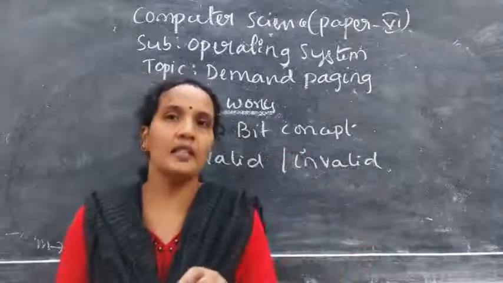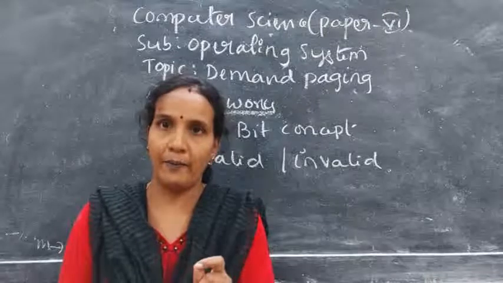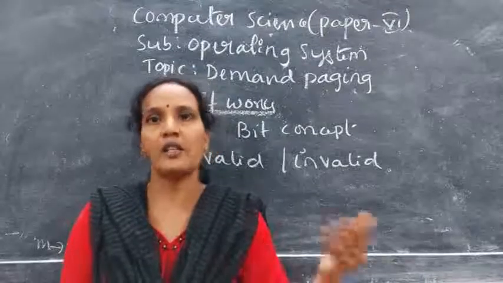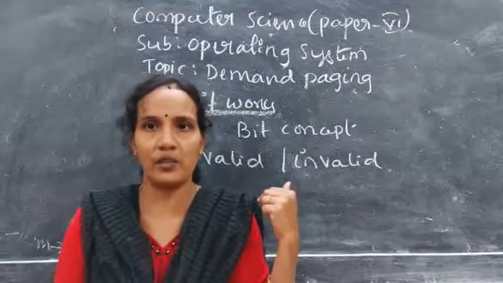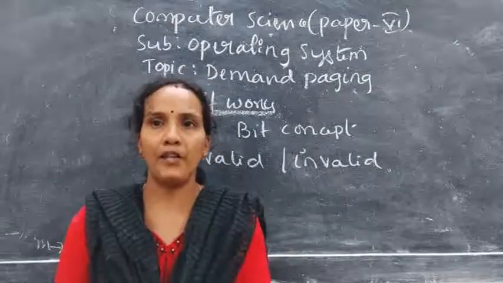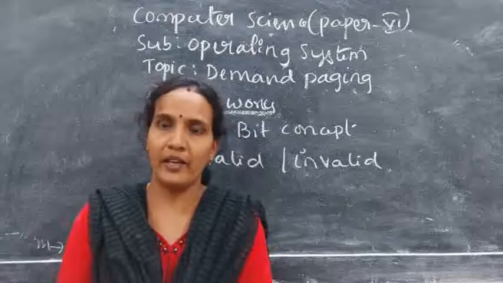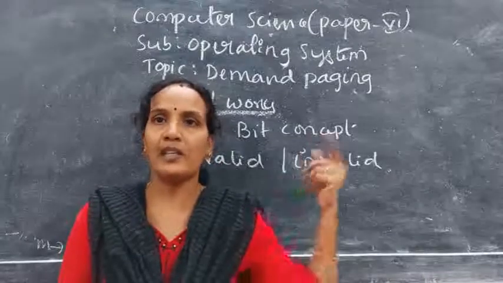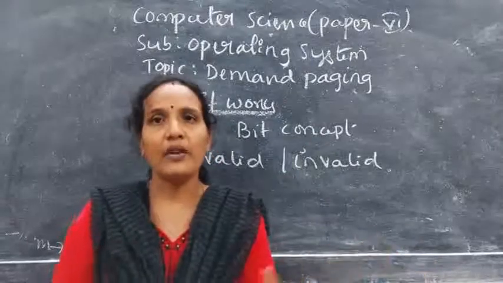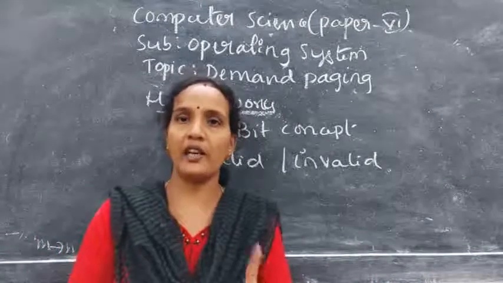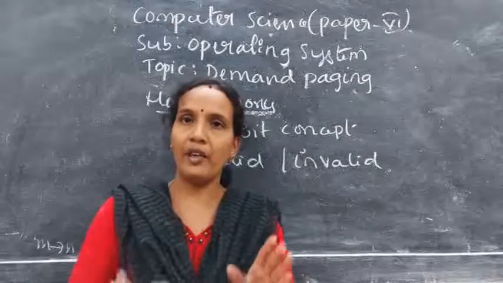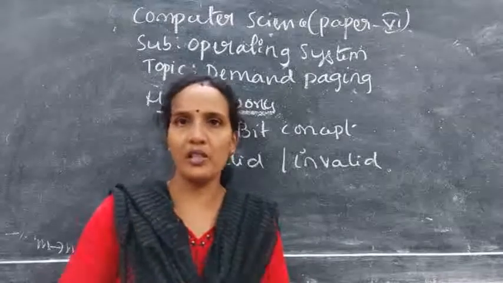If the bit is valid, that page is in the main memory, and the information is stored in the page table. If the bit is invalid, that page is in the secondary memory. If it is valid, the program is loaded into the CPU.